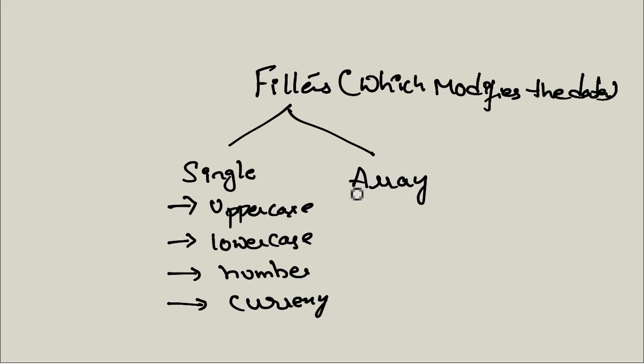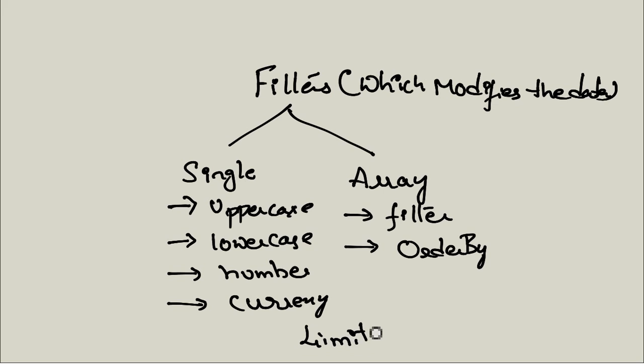And for arrays, we have a filter called filter, and we have a filter called orderBy. AngularJS gives us one more filter called limitTo. This filter can be applied to both a single object or an array of objects. So how to use these filters?